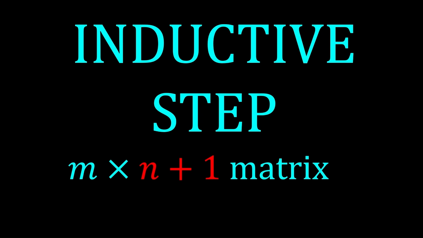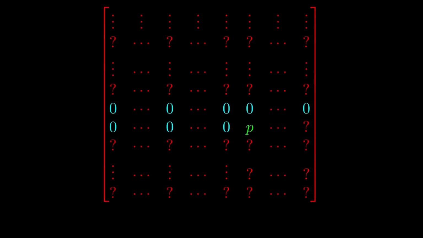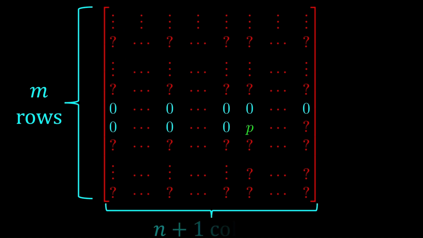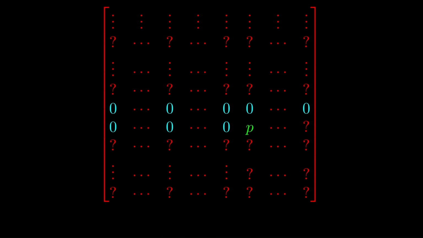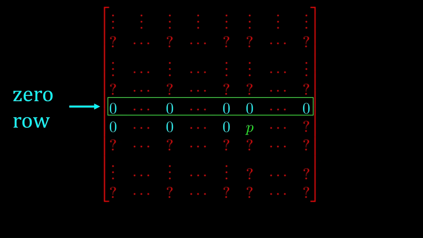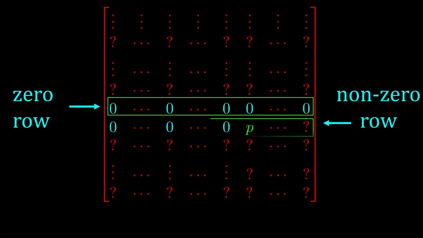Now we need to prove for m by n plus 1 matrices. So suppose we have something like this, where there's m rows and n plus 1 columns. And I'm going to call this matrix A, okay? That's usually the letter we use for matrices. So we have a zero row here, and after it is a non-zero row, because P is non-zero, we'll assume at least. Okay, now we need to do Gaussian elimination on this.